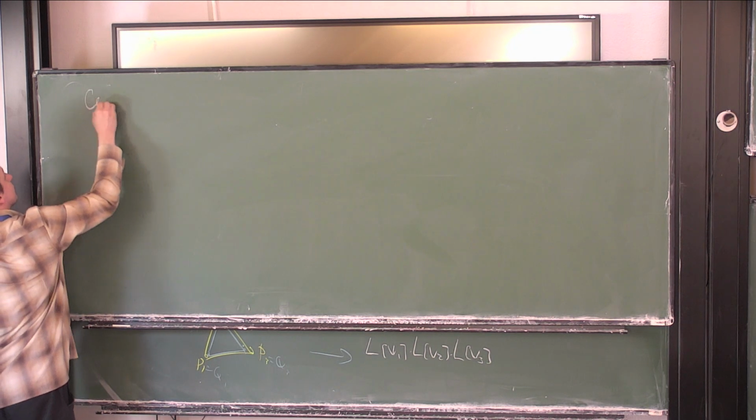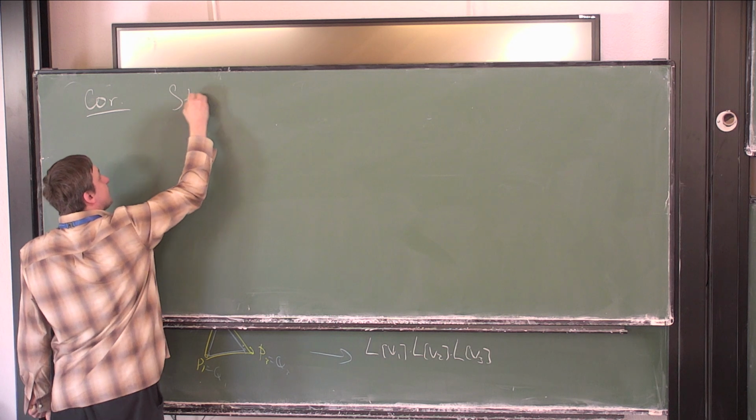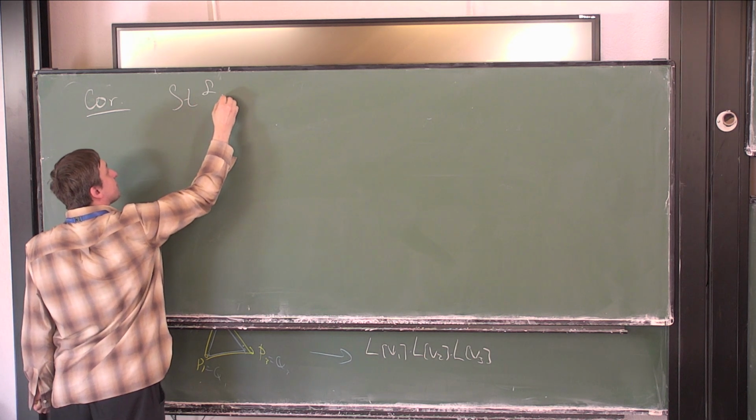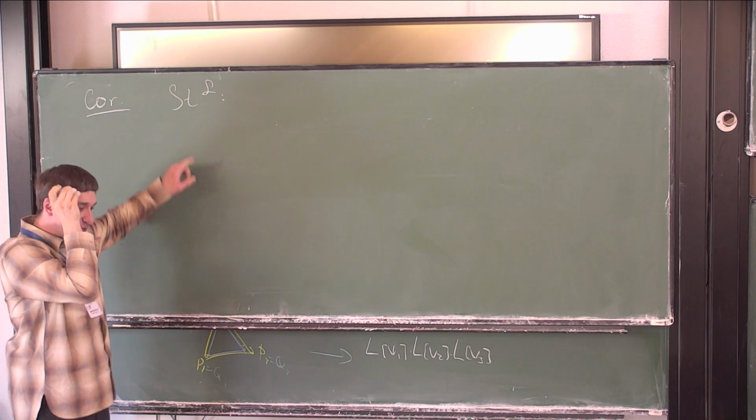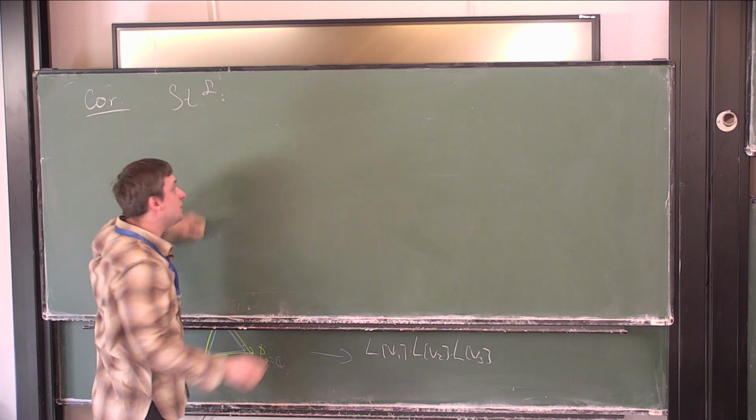So as a corollary, you get, I haven't quite defined it yet, but here's the definition. So Steinberg L is, I think, what in previous talks would be called Steinberg infinity.